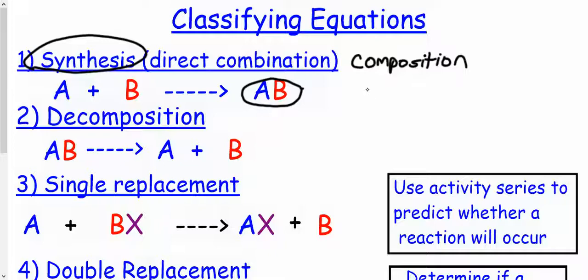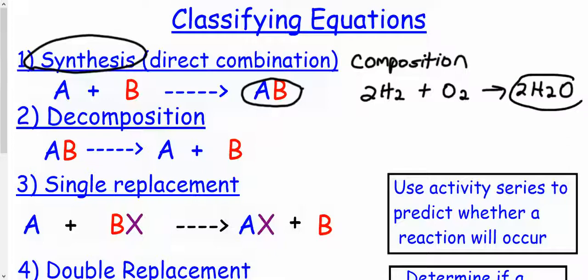So for instance, 2H2 plus O2 yields 2H2O. There's an example of a synthesis reaction. Only one product. Decomposition is the exact opposite of that, which I suppose is why they decided to call synthesis composition, being a form of the word.